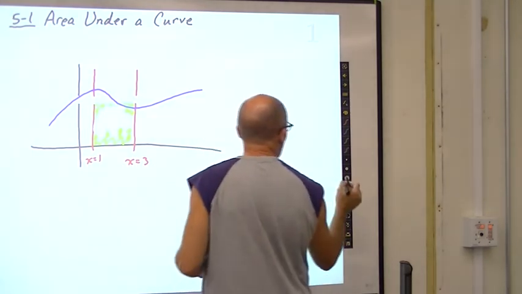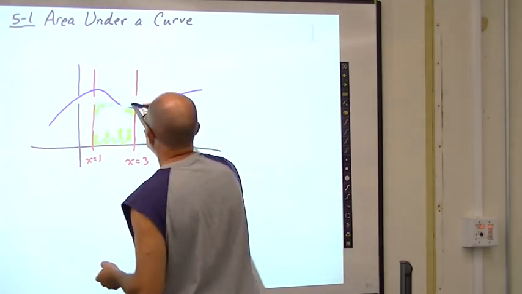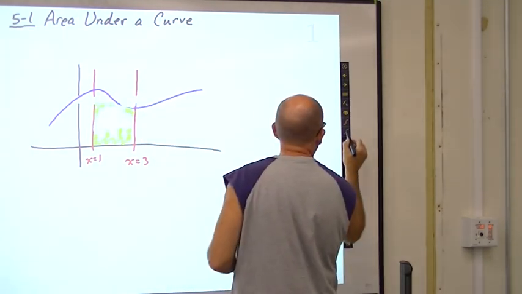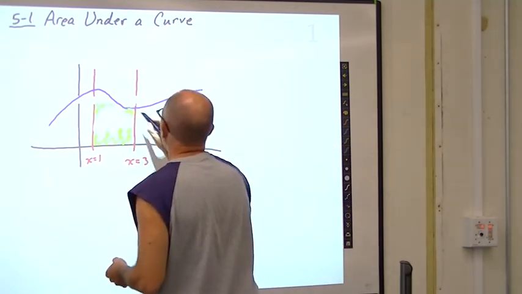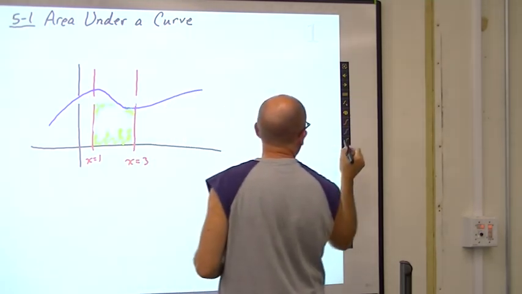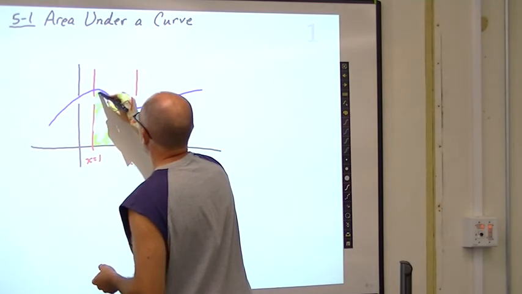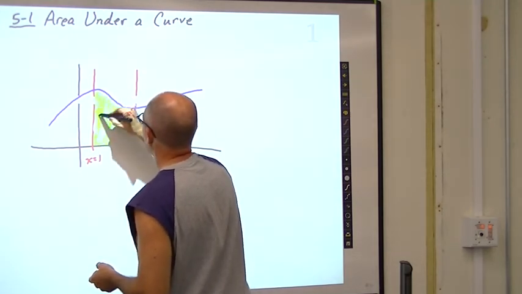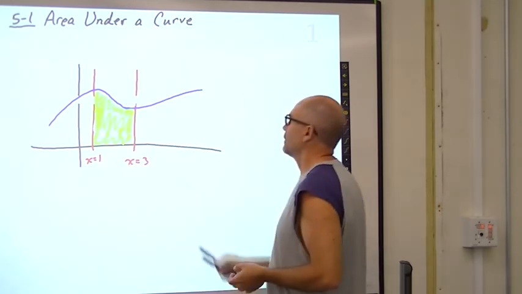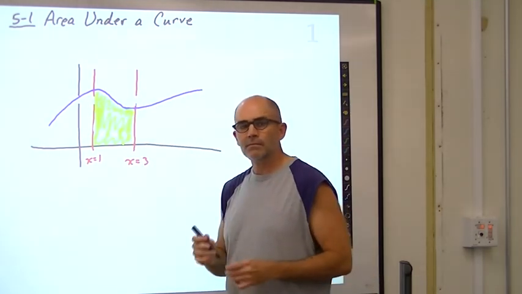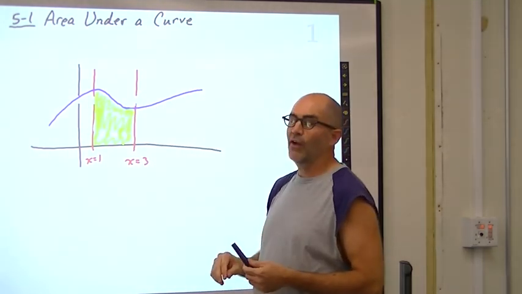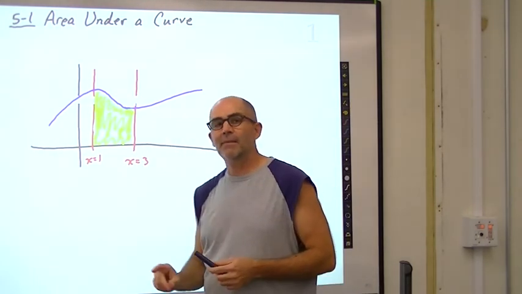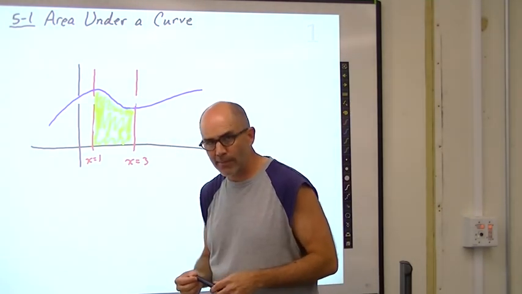Now we want to know the area under that curve from x equals 1 to x equals 3. How do we do that? Well, this is a much different story.